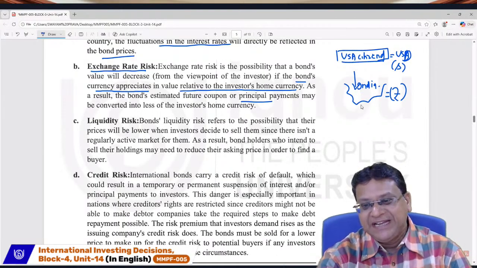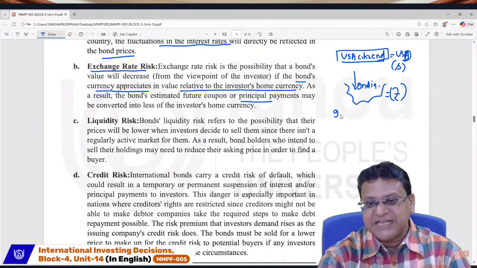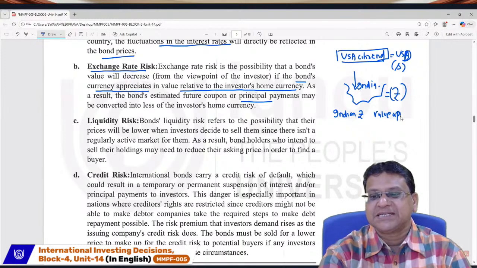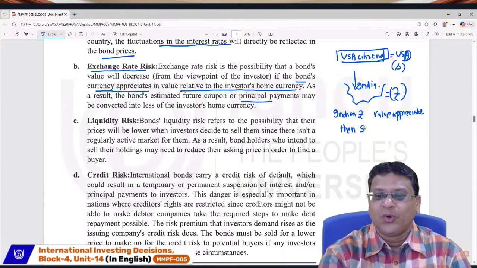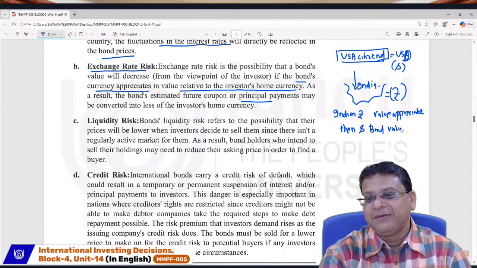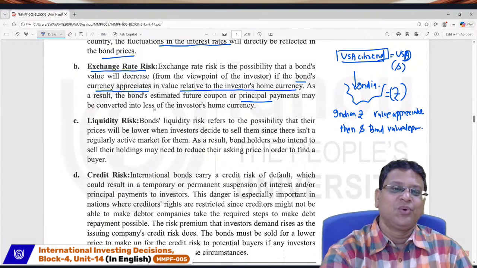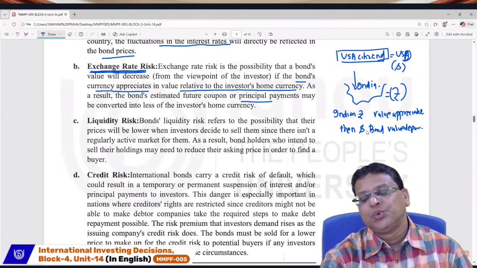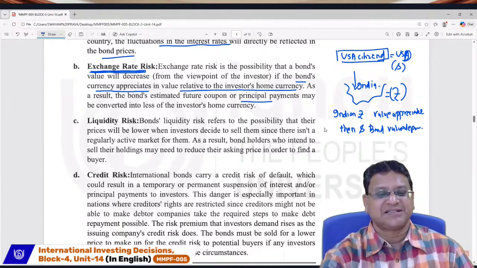So if Indian rupee value appreciates, then the dollar bond value depreciates. So the foreign investments are subject to which risk? Currency risk.